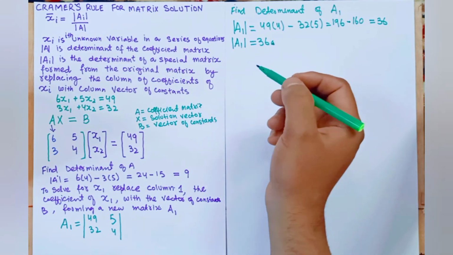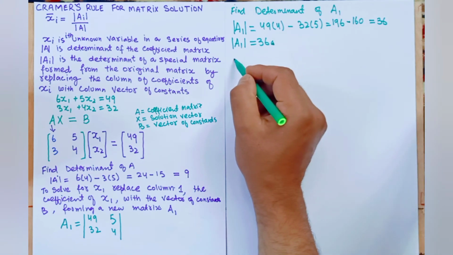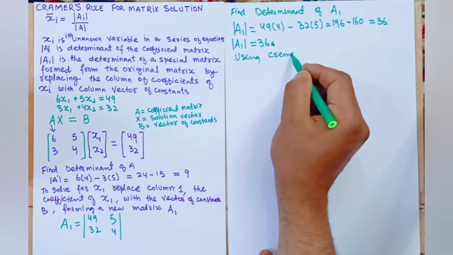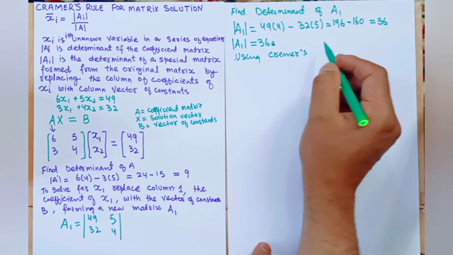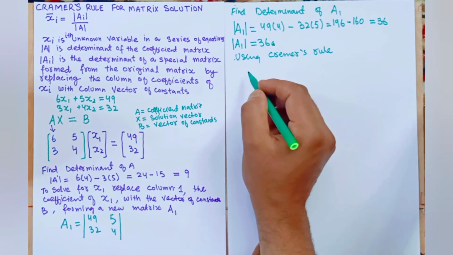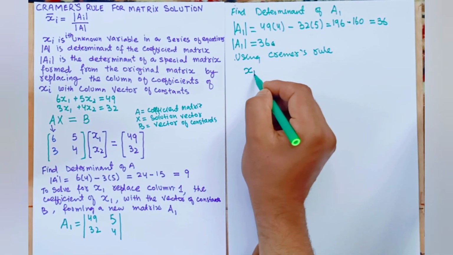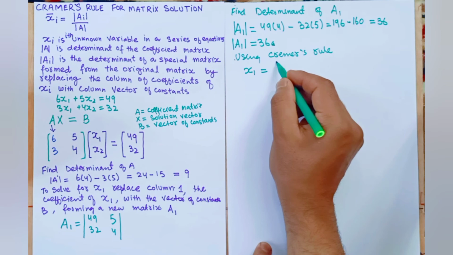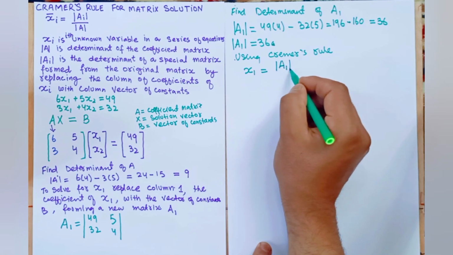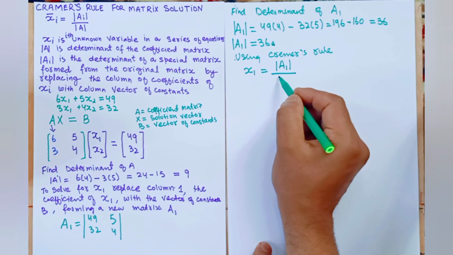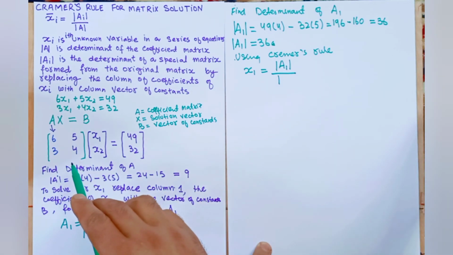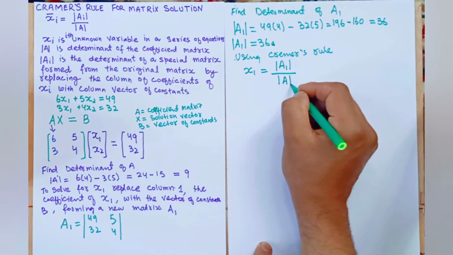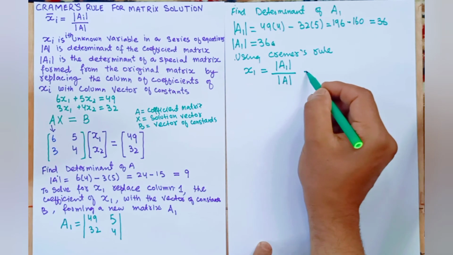We will use Cramer's rule for finding x1. Therefore, using Cramer's rule, the value of x1 is equal to the determinant of A1 divided by the coefficient matrix determinant, which we have calculated as 9.